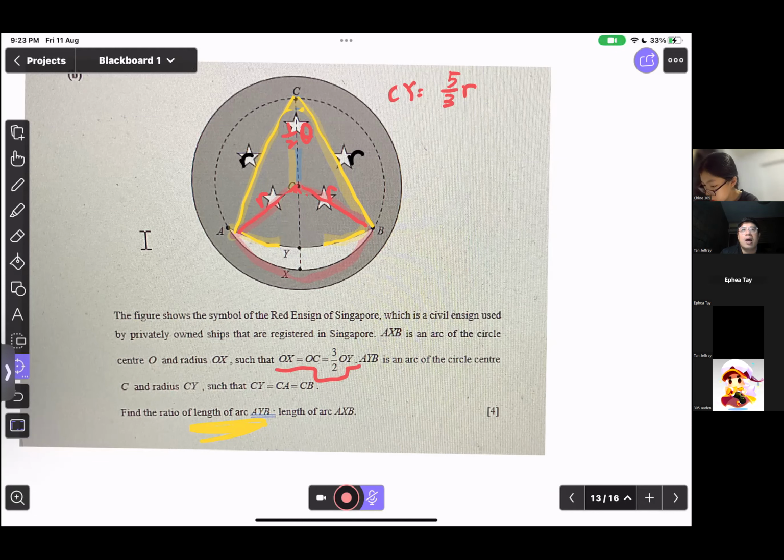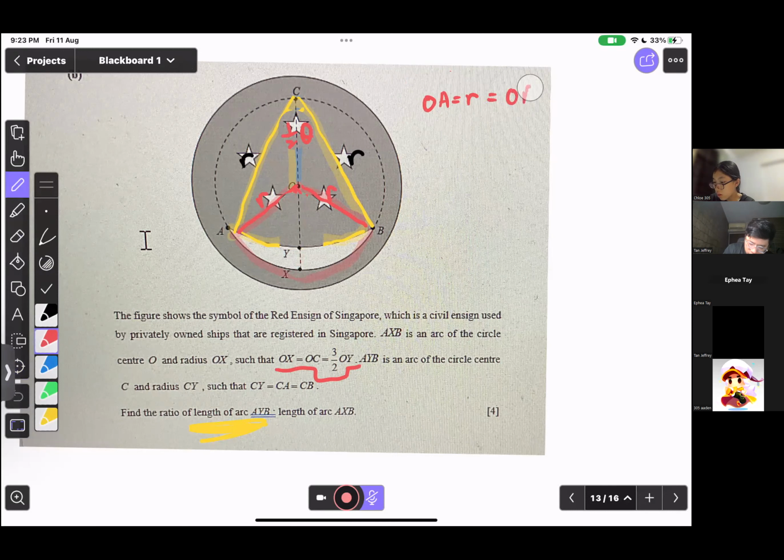OA equals R, equals OB, right? Can we manipulate OC equals 3 over 2 OY to OY equals how much of OC?